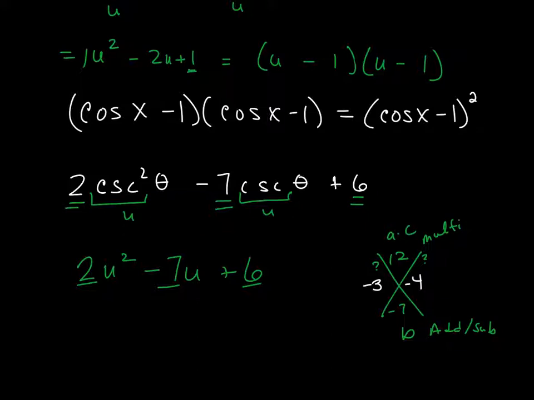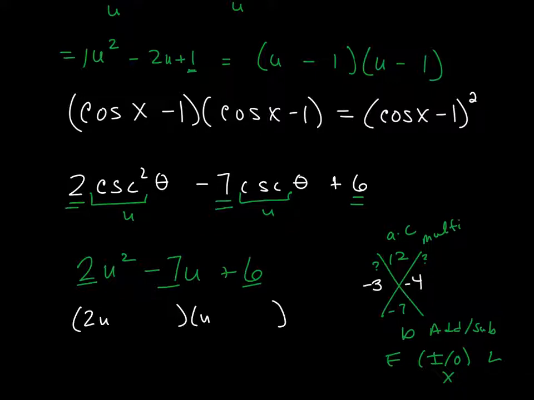All right, so then to continue factoring this, I always do it in reverse order. It's FOIL backwards. First term, inside, outside, which comes from my factor x, and then my last term. So my first term here is 2u. The only choice I have for that is 2u and u.